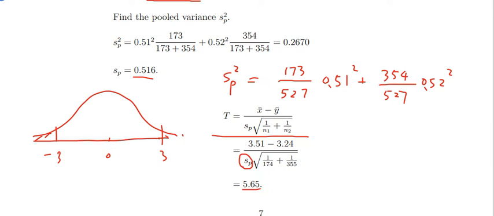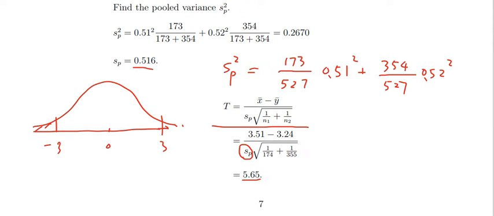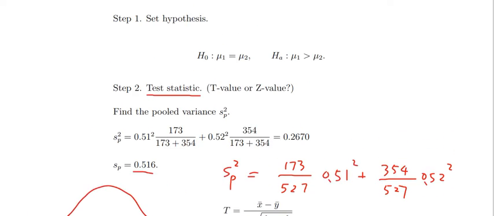If this is larger than 3, we can believe this is big. And for T tables, it is quite the same. So without checking the T table or Z table, we can say this number is big, or even huge. So we can say the difference is big or huge.